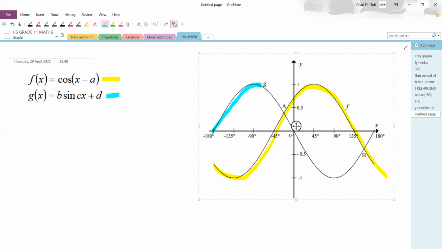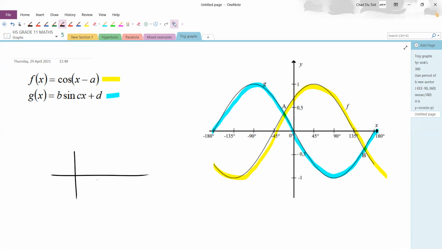But there's a slight problem with the sin graph, this blue one. I don't know if you've spotted it. What's the problem with that blue graph? It's flipped around. You see that? The sin graph should look like something like this.